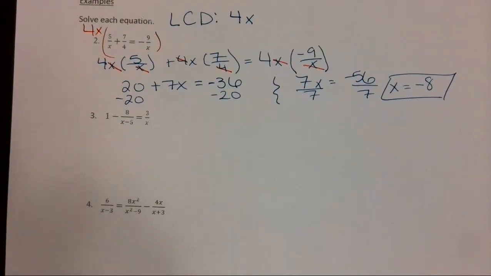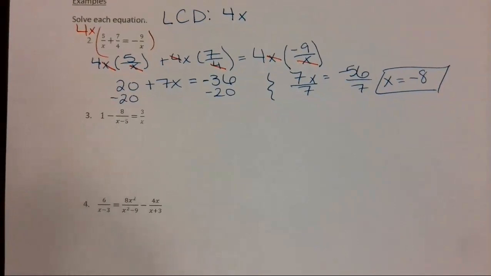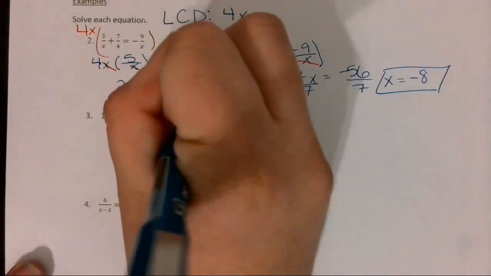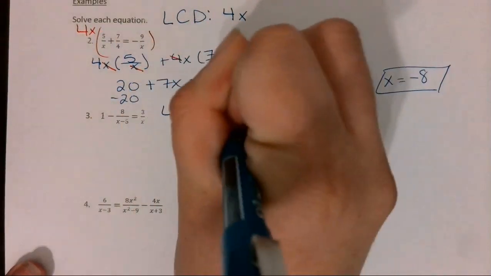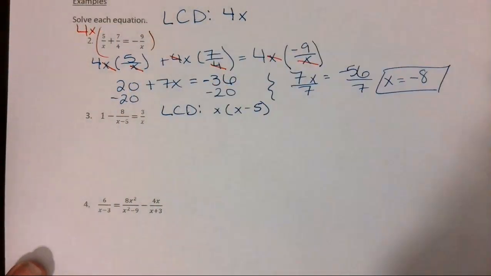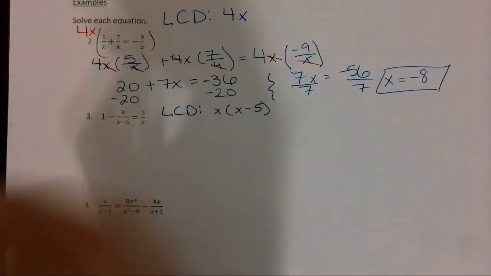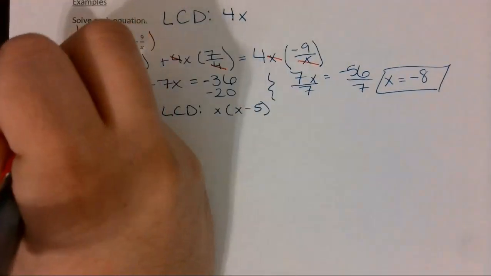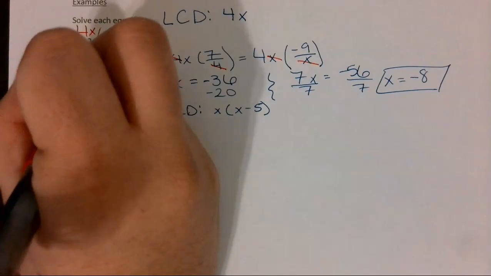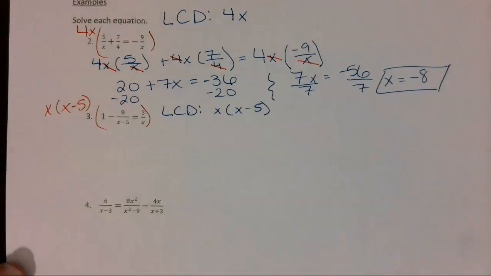Okay. On number 3, I don't have a denominator for 1, so it would be 1. I have x minus 5 and x. So what my LCD here would be is x times x minus 5. So I'm going to take the whole equation again, and I'm going to multiply by x times x minus 5. So I'm going to write that out.